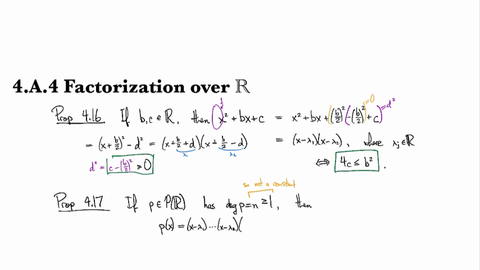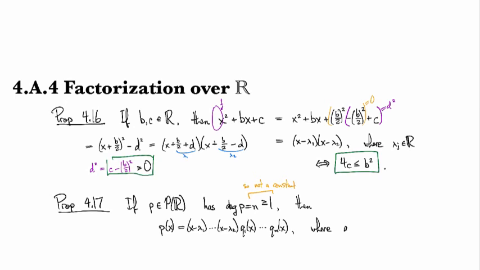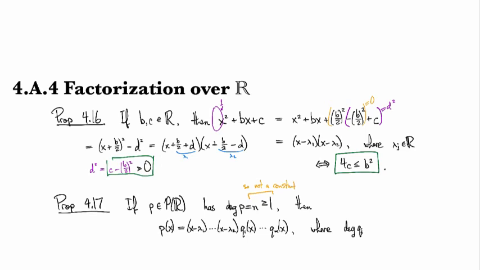So then we have a bunch of quadratic factors, and I'm not even going to bother with notation for these. We'll just call these q1 of x through qm of x. And so the Qjs have degree 2.